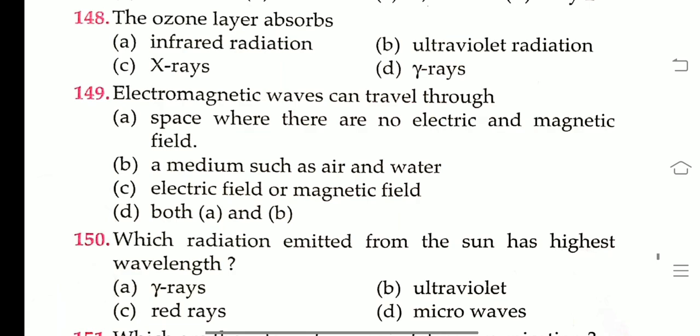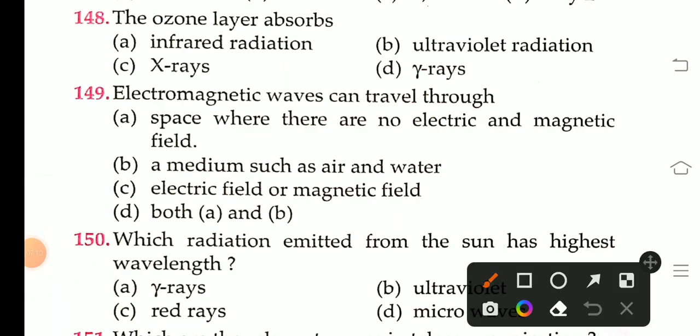Next, the ozone layer absorbs right answer option B, ultraviolet radiation. Next, electromagnetic waves can travel through right answer option D, both A and B, means space where there are no electric and magnetic field, and a medium such as air and water.